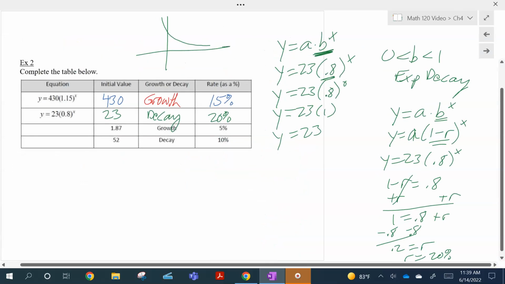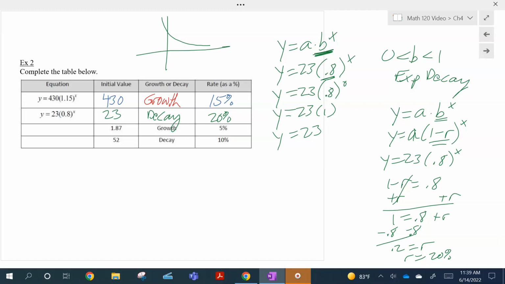All right, next one. Now they want the equation. And they say it's exponential growth. a times b to the x. So we know b is greater than 1. We'll be more specific about that. So that's 1 plus r to the x, right? They give us the initial value, 1.87. I'm going to plug that in. And they give us the rate. It's 5%.